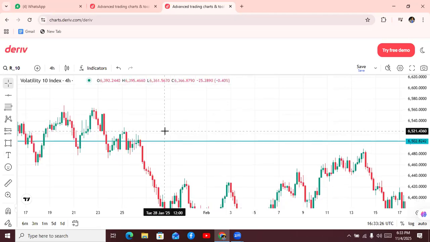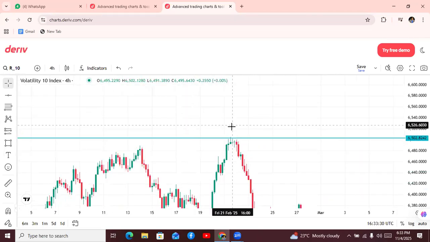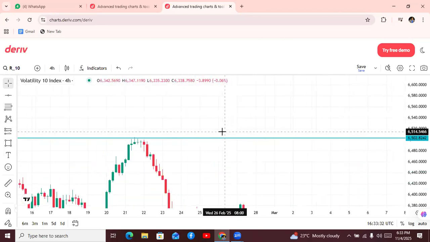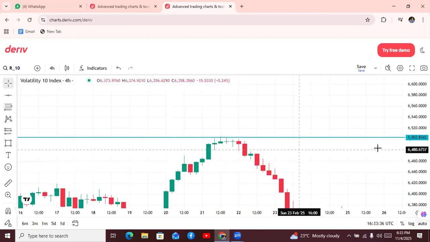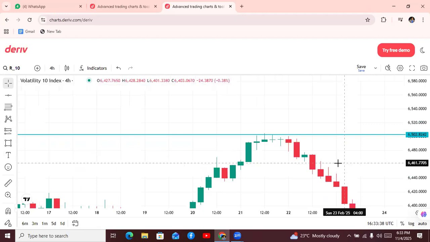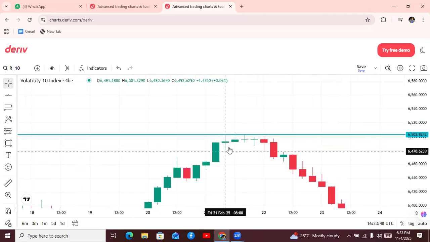what can we see? What candlestick patterns do we see here? We have one doji there. Then we have one shooting star.